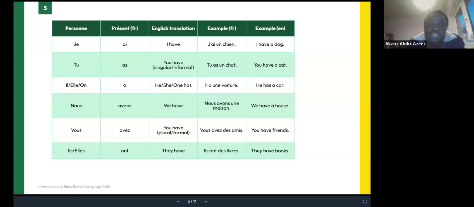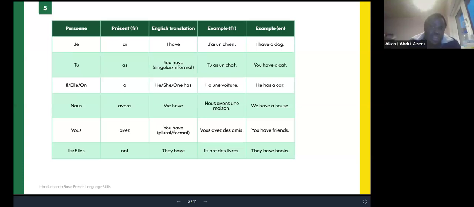Okay, you want to add nous to this verb. This is a verb. These ones, je, tu, il, are subjects. But avons, avait, a, they are verbs. If you want to add a subject to the verb, you will join it together, so it will become nous avons. But if you want to pronounce nous alone, it's pronounced nous without the s.